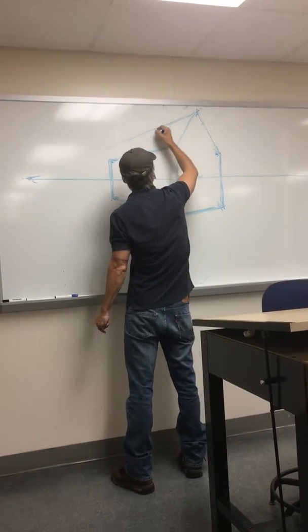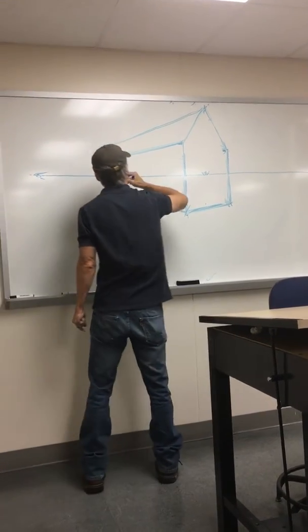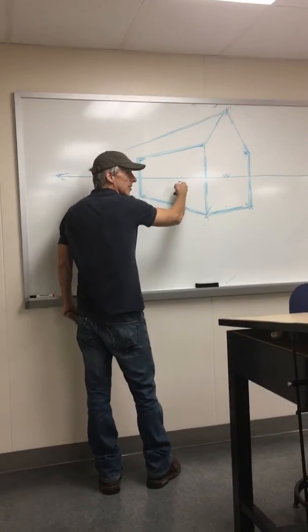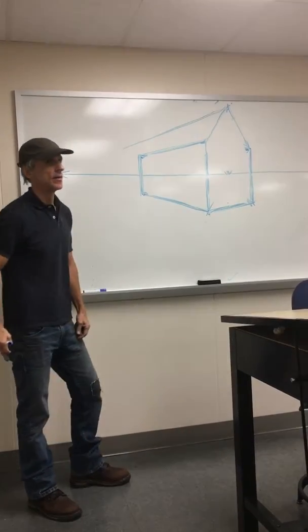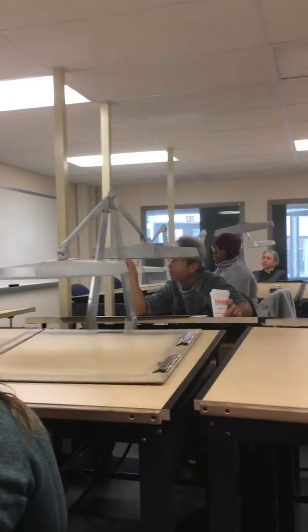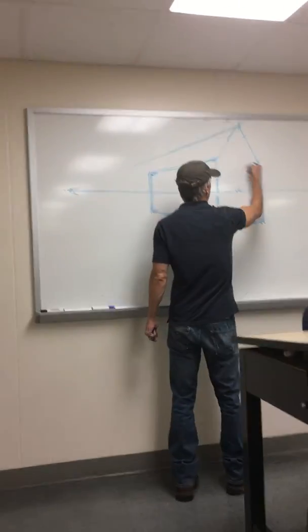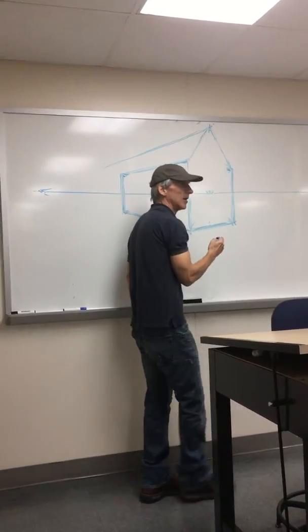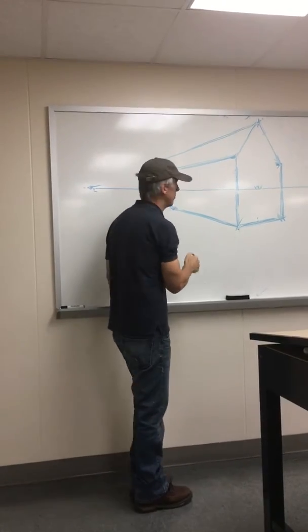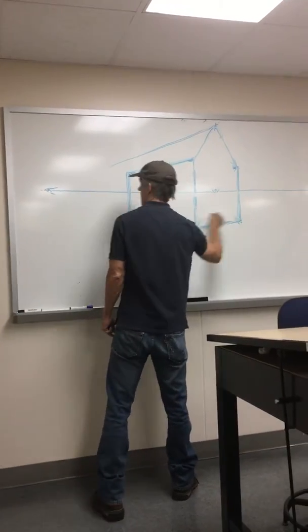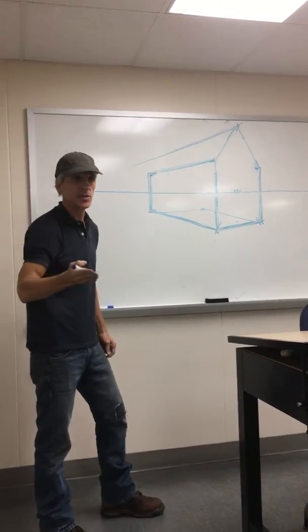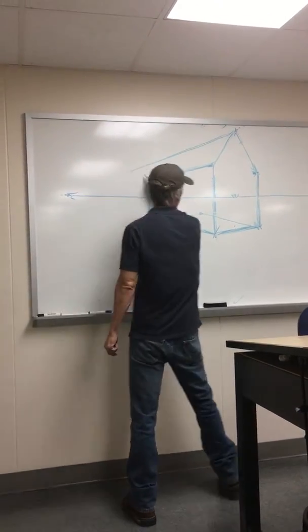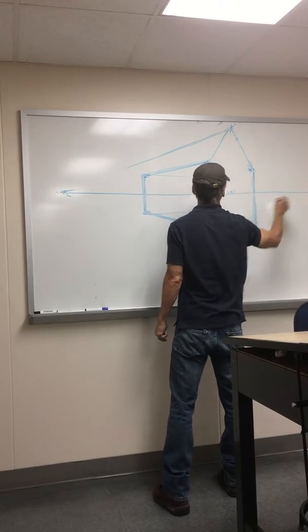Now Ted brought up the fact that I shouldn't have taken away the back wall here. Why? Because you need to find the center point for the back corner of the roof. Remember I found the center point here and went up for that, right? I can backtrack and put the back wall in, and your drawing will faintly have that in anyways, okay? I just took it away for reasons of clarity here.